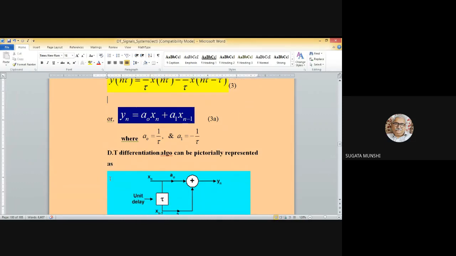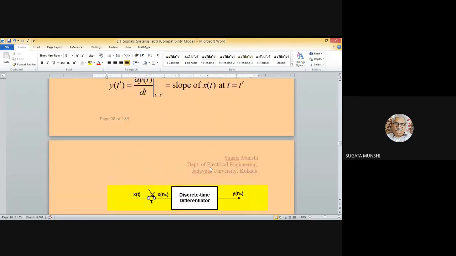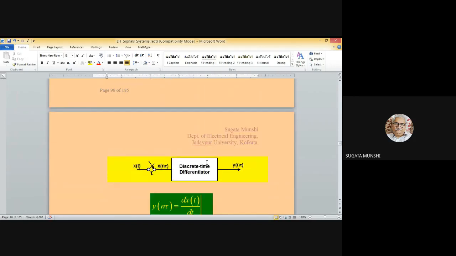So it is customary to represent this algorithm by this pictorial depiction. This pictorial depiction is known as the structure for the algorithm. All right, structure for the algorithm.